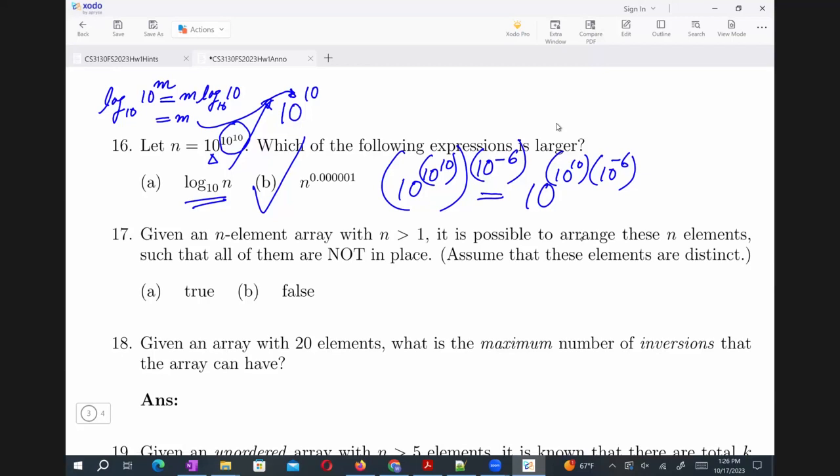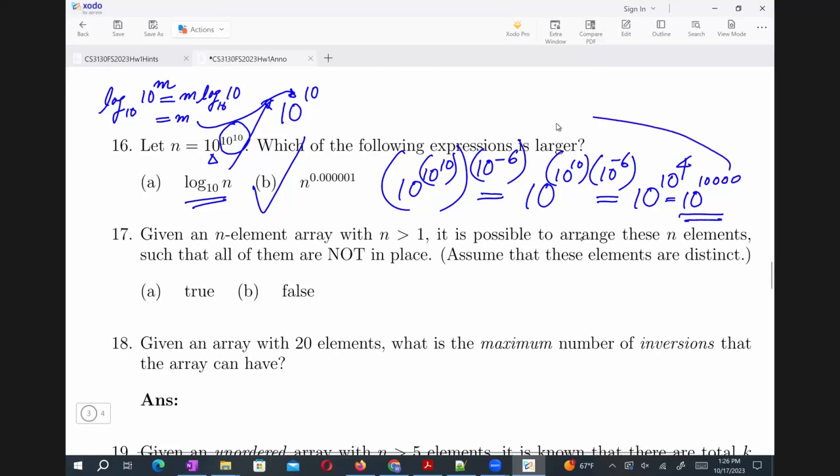Then 10 to the 10 to the 4, since 10 minus 6 is 4. 10 to the 10,000, 4 zeros.